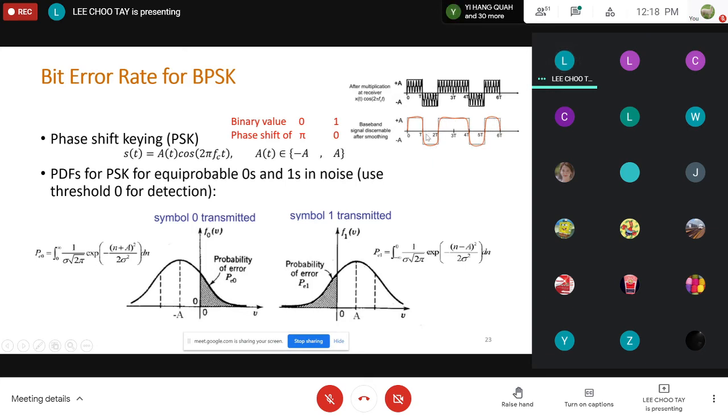That gives us the same probability of error for BPSK as the polar signaling, because the PDF curve is again the same as the polar signaling.